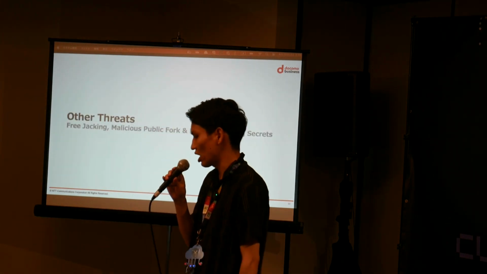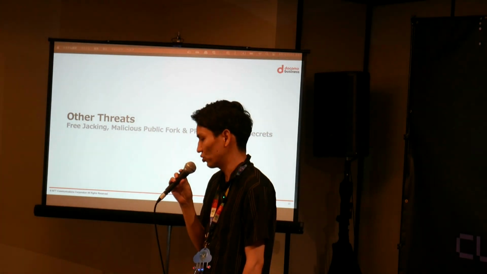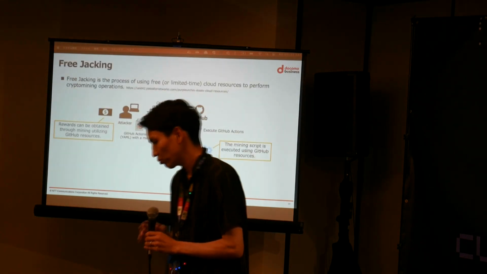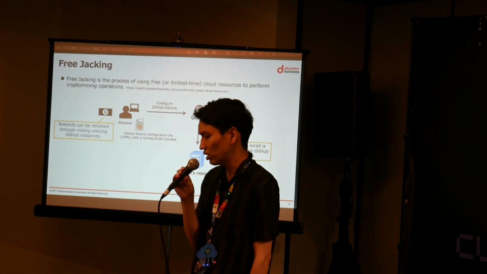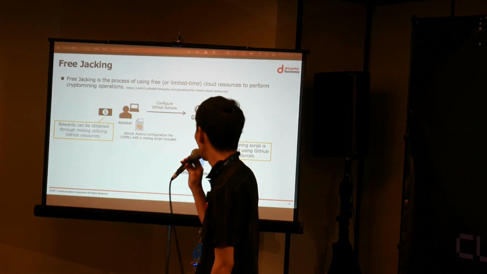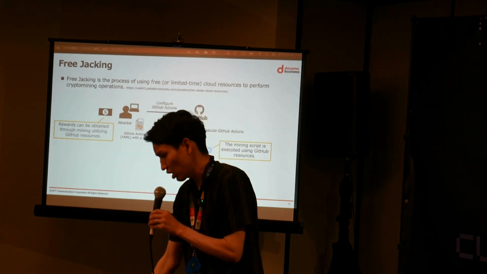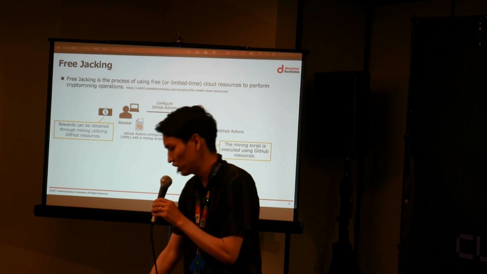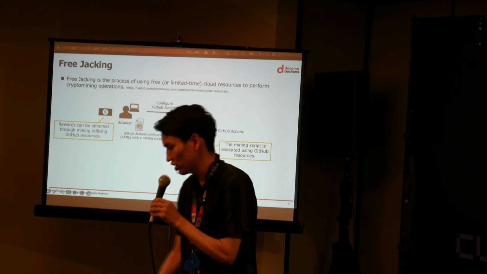Last part is other threats related to GitHub Actions. I will briefly introduce three threats. Firstly, freejacking. Freejacking is a process of using free cloud resources to perform crypto mining operations. The attacker executes a mining script using GitHub resources, and after that, the attacker can get the reward.